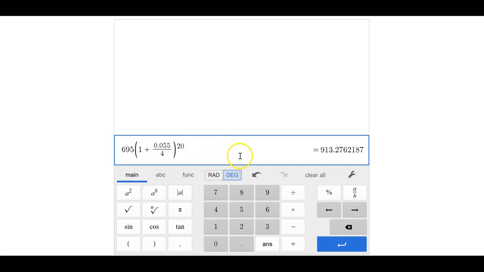And when we do that, we're done. And we can see over here that Desmos has done all of the calculations for us, and our final value is $913. And when we round to the nearest cent, it'll be 28 cents. So our future value of that investment after 5 years would be $913.28.